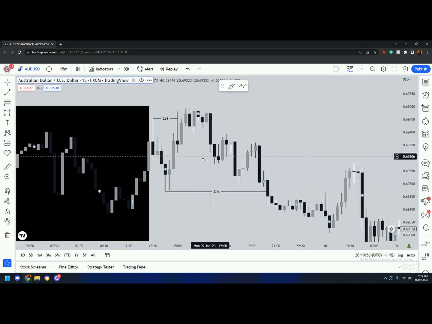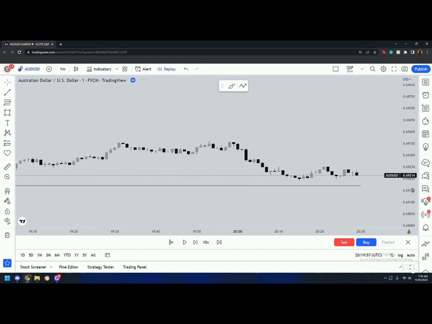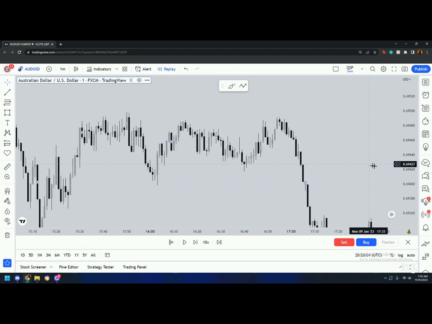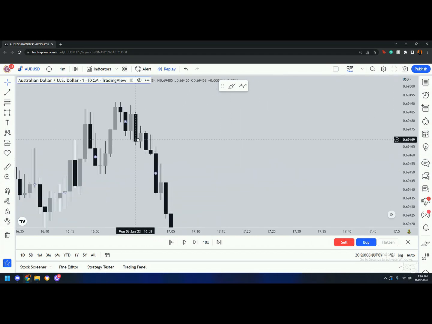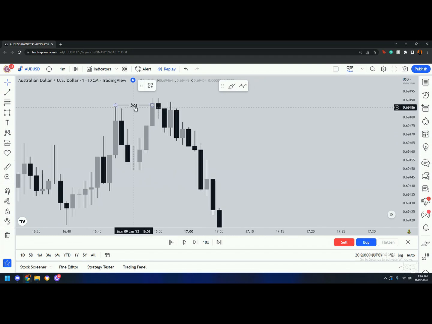I'll show you a better example. Let's go here, 1 minute. Could be here. This is a break structure to the upside, right? And then as soon as the lowest point inside this range gets taken out, then it's a change character.